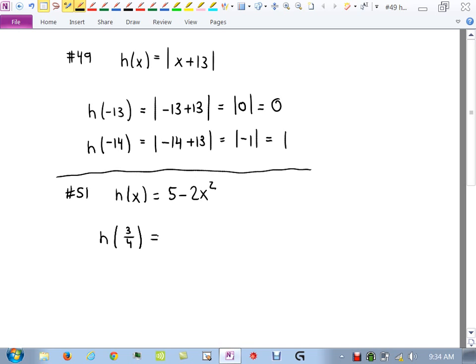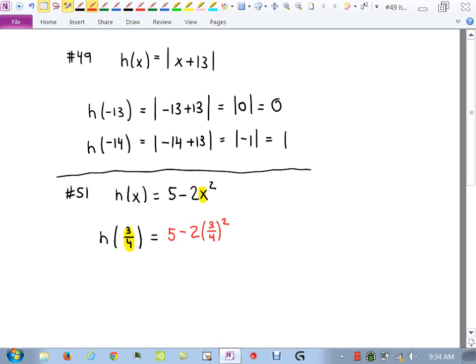So let's just replace, again, all of our x's with 3/4 and see what we get. So 5, take away 2, and then 3/4 squared. Now, technically, that 3/4 is in parentheses. It's the only thing being squared. The 2 out front, or you could say the negative 2 out front, is actually multiplication, and it's waiting a little bit after the squaring. It'll actually multiply.